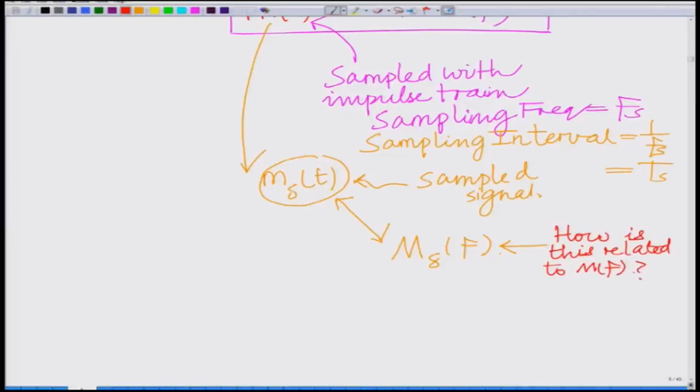What is the relation of the spectrum of m delta f to m of f? And more importantly, when we are sampling, we are losing information, because we are only extracting the original signal at the sampling instants, that is, multiples of Ts: 0, Ts, 2 Ts, minus 2 Ts, and so on.